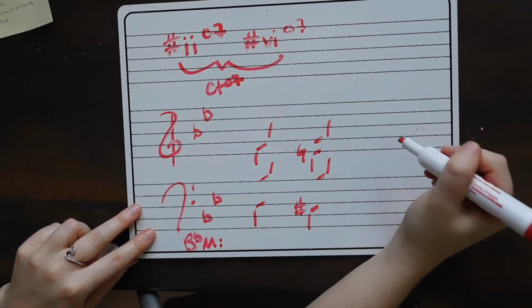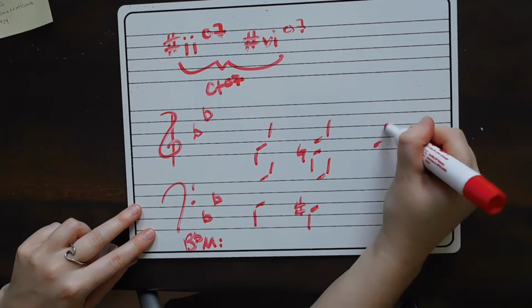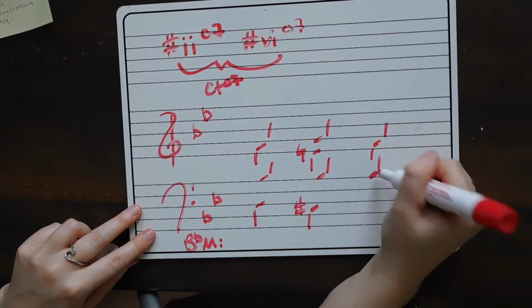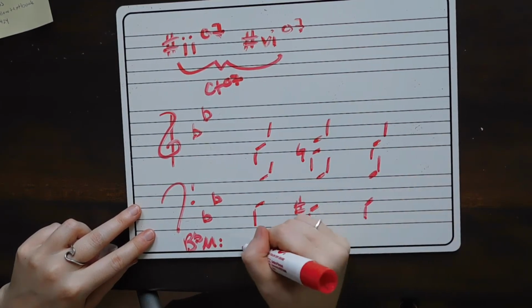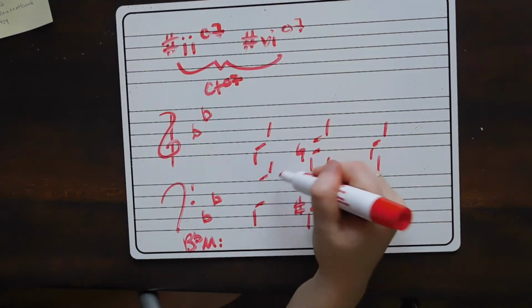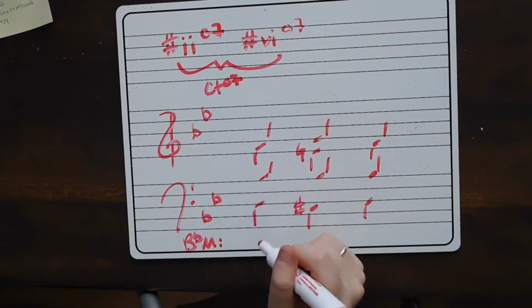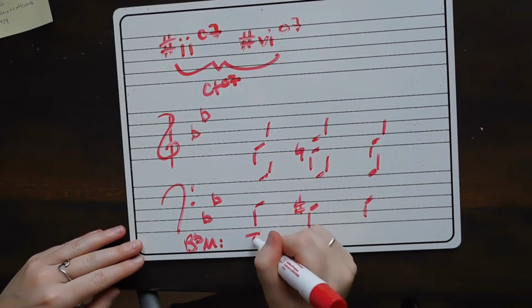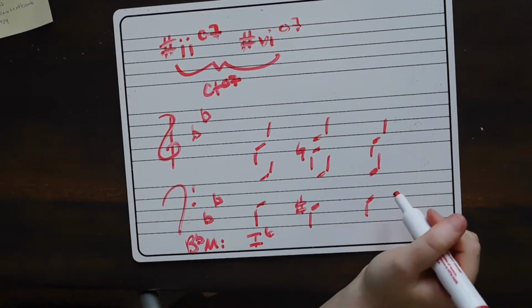Then we go right back to where we came from, doubled Fs, B flat, and a D. Let's figure out what's going on here. First of all, this chord's really easy. B flat, D, and F. That is a B flat major chord in first inversion, so that's just a I6.